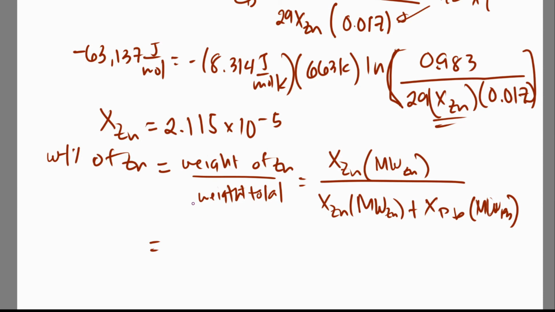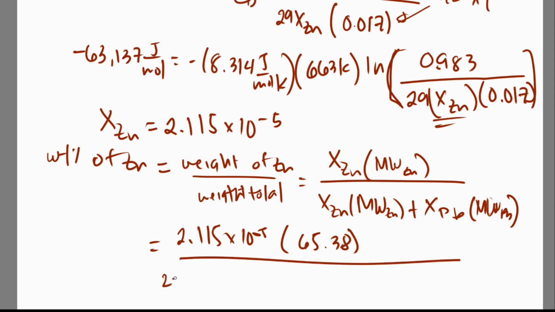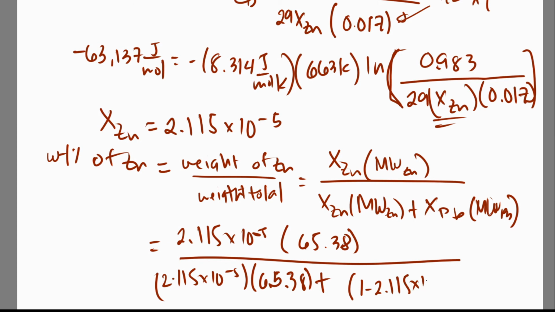Putting in our values, X of zinc is 2.115 times 10 to the negative 5 times the molecular weight, 65.38, over, again, 2.115 times 10 to the negative 5 times 65.38 plus X of lead, which is equal to 1 minus 2.115 times 10 to the negative 5, times the molecular weight of lead, which is 207.2.